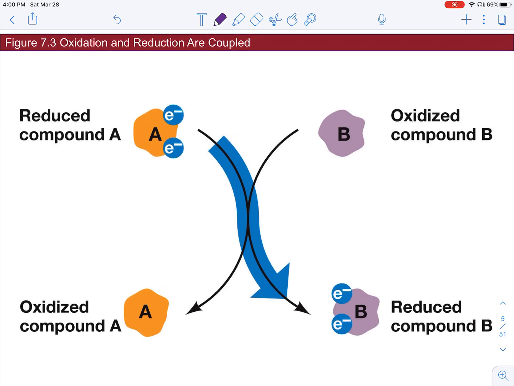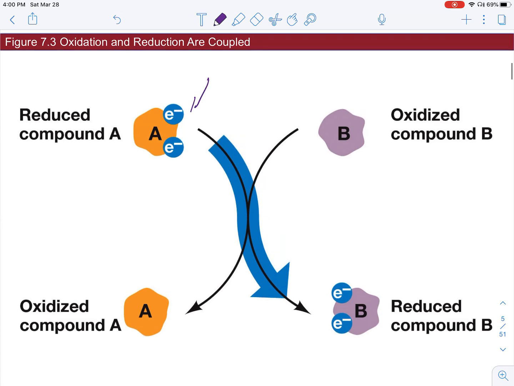And so this is a look of that here. Whenever a compound has electrons, we call it reduced, right? The way I like to think about it is that electrons have a negative charge, so anything that's carrying them is going to be reduced in charge or lower in charge than something that doesn't have them. When the electrons get transferred, they reduce some other compound, right?